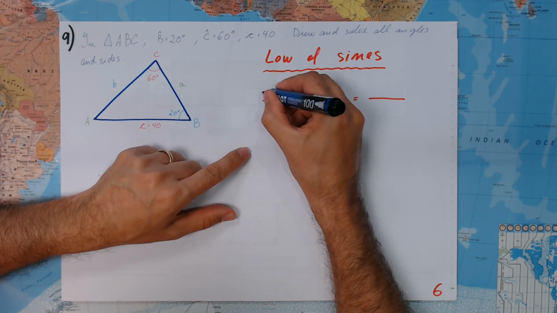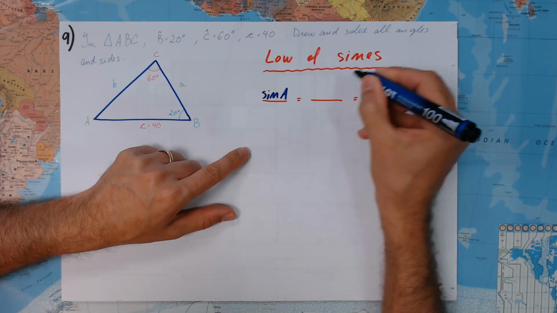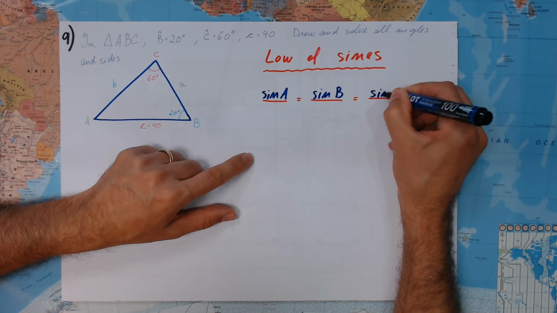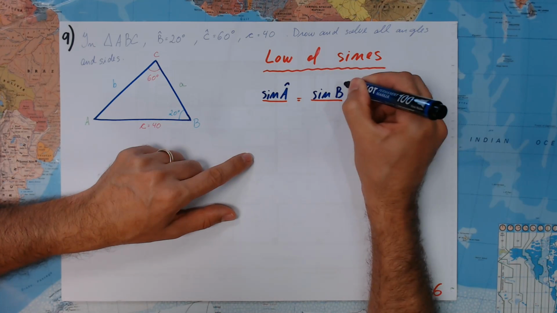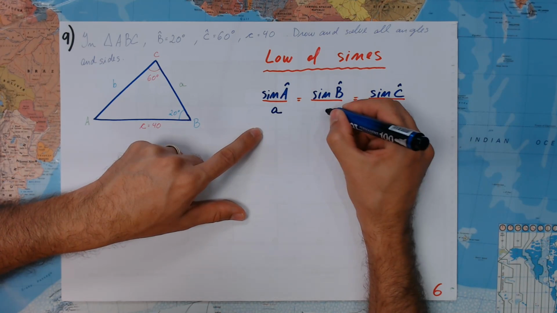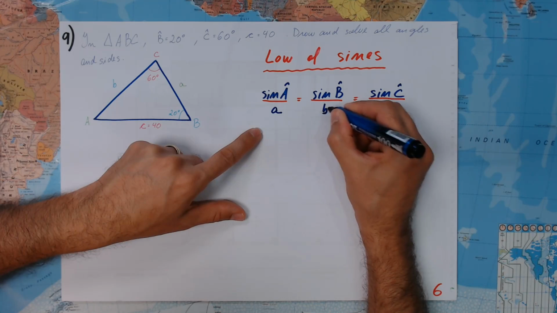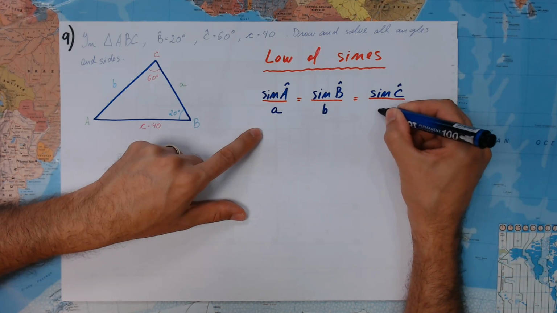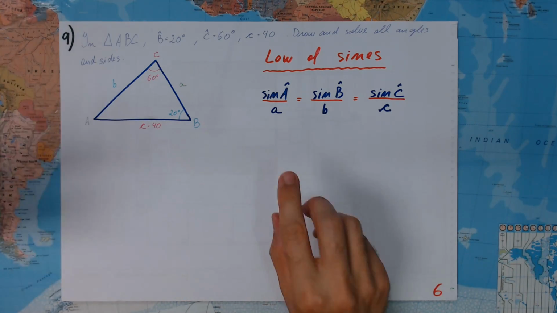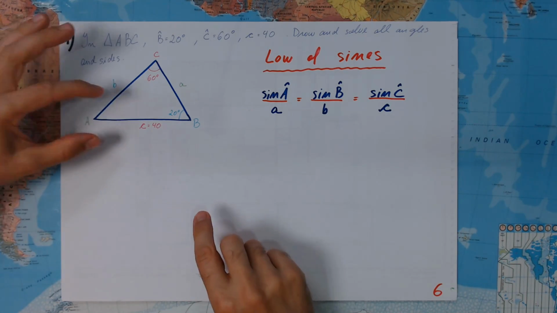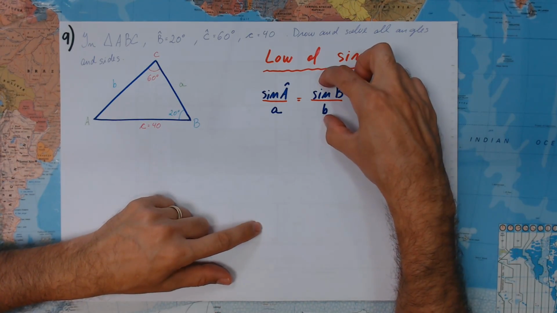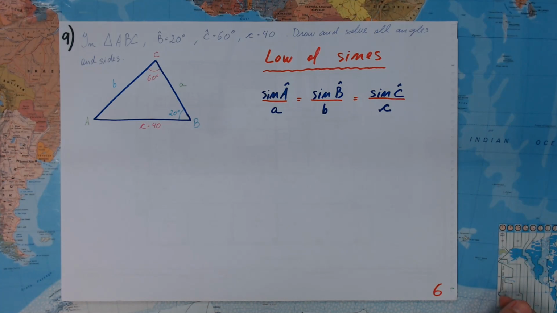So this is going to be sine of A, sine of B, sine of C. Those are the angles. And this is just going to be a, b, c. Just like I said, as soon as we acknowledge that we have a complete fraction, we can get everything else. Okay?